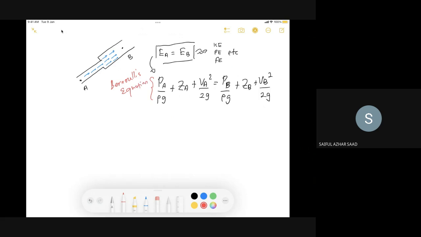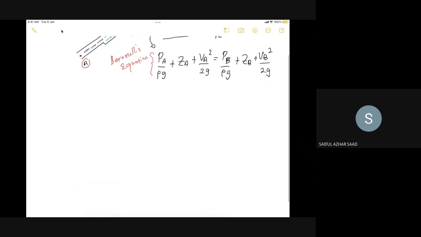Also, notice that Bernoulli's equation is only applicable if the fluid is flowing from one point to another. For example, in this case, the water is flowing from point A over here to point B over there.